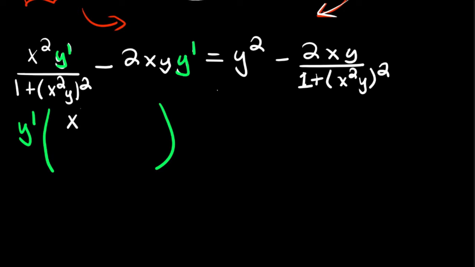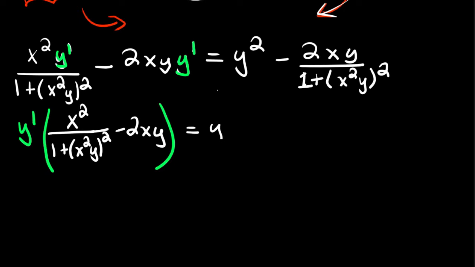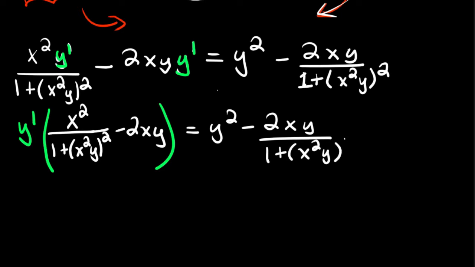So I'm going to have x squared over 1 plus x squared y squared minus 2xy is equal to, and this I'm just going to write down again. Now you can do some simplification steps in here, but I'm just going to leave it alone.